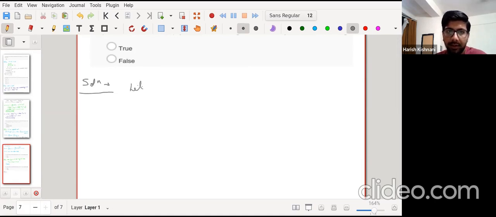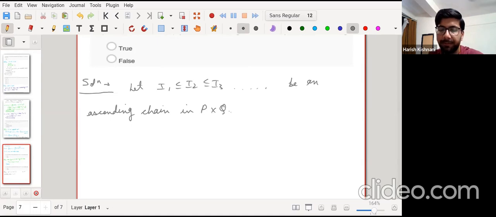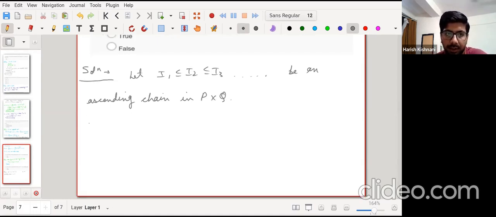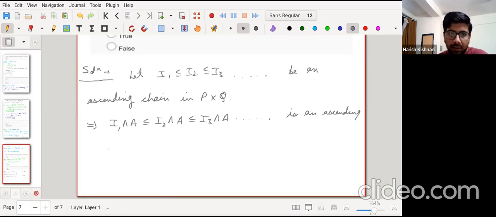Let I1 contained in I2 contained in I3 and so on be an ascending chain in P cross Q. This implies that I1 intersection P, contained in I2 intersection P, contained in I3 intersection P, and so on, is an ascending chain in P, right?